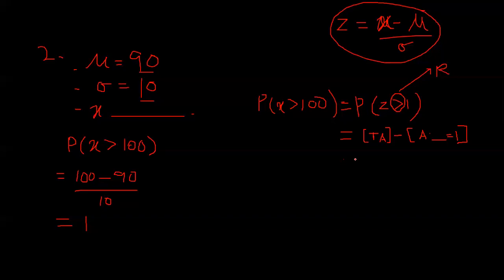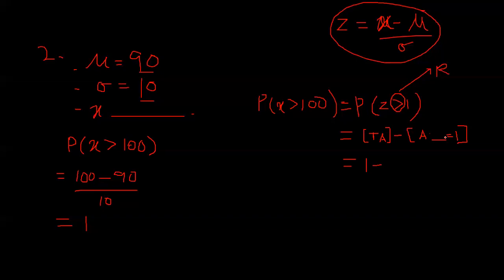Okay, so the total area under the curve is equal to 1, minus the area to the left of Z equal to 1. To get the area to the left of Z equal to 1, you must refer to the standard normal distribution table.